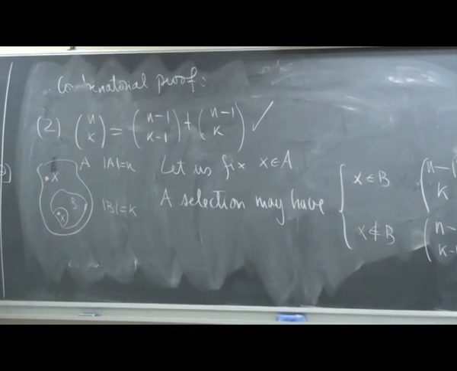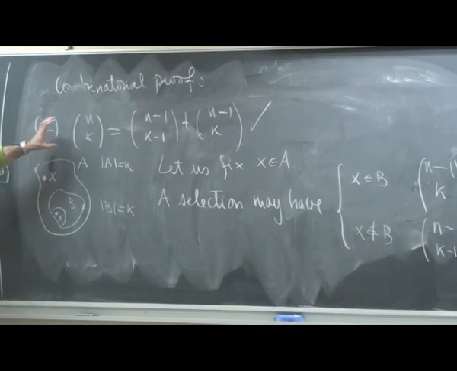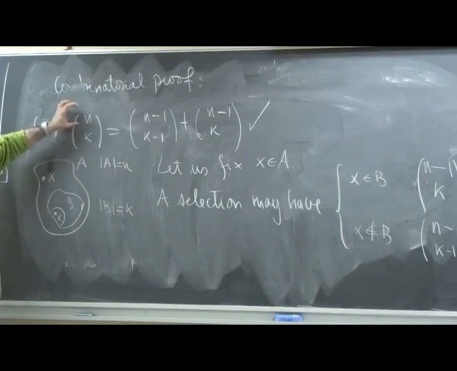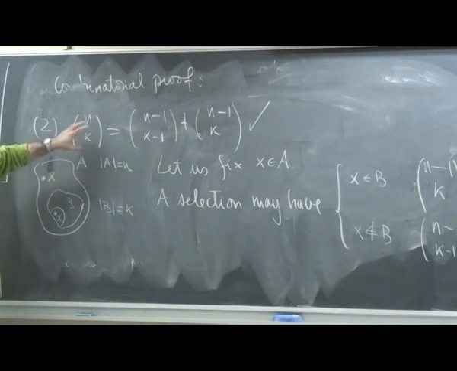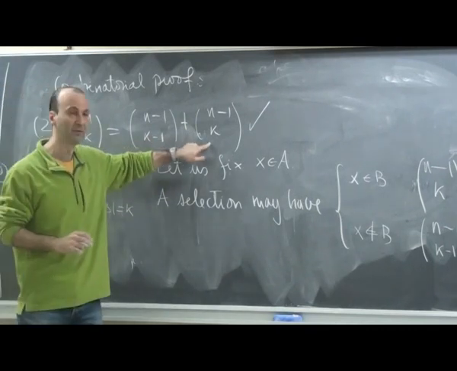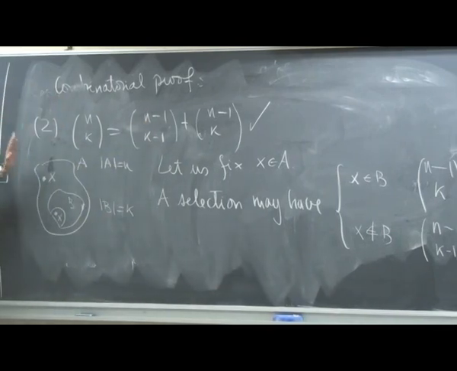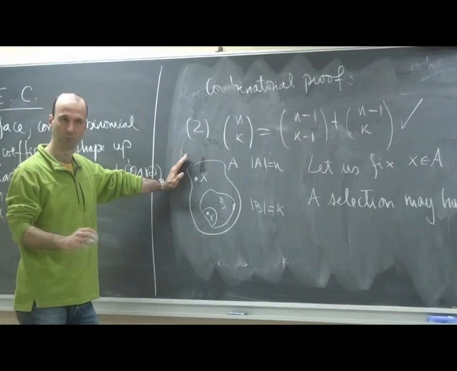So again, I want to prove that a selection of k elements out of n elements, without order, is the sum of these two terms. So here I have my set A, perfect.